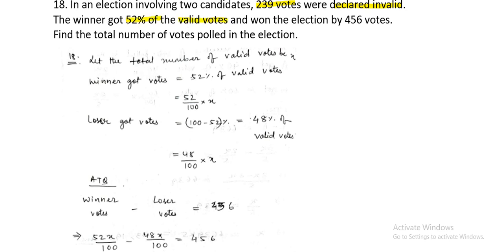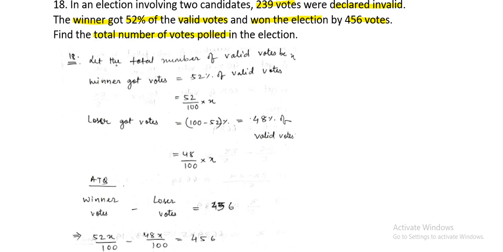That means leaving the invalid votes, whatever votes are remaining, those votes are called valid votes. He won the election by 456 votes. Okay, we have to find the total number of votes polled in the election.